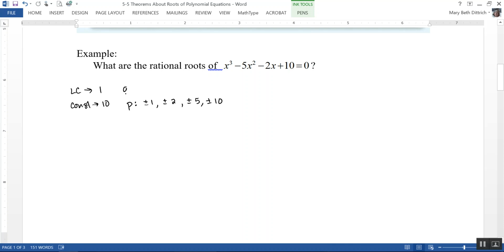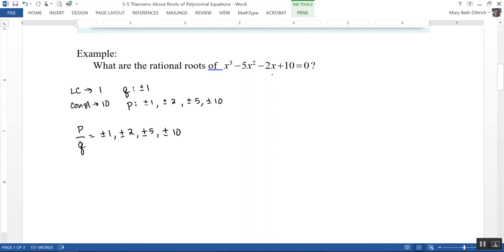All of my possible q terms are going to be all of the factors of 1, which are just plus or minus 1. So then when I go to figure out what is p over q, I actually get just these values here because they're all being divided by 1. So plus or minus 1, plus or minus 2, plus or minus 5, and plus or minus 10. So those are my possible rational roots. So that gives me 8 numbers that I should plug in there and see if they work.